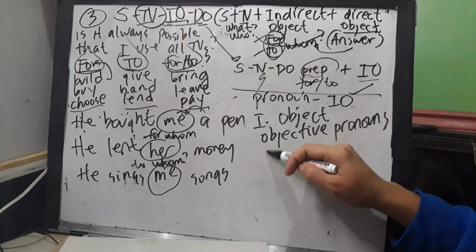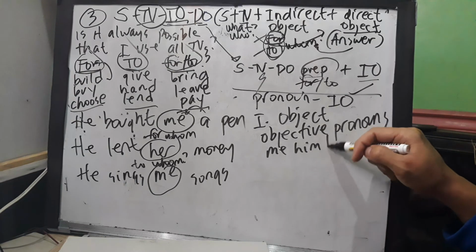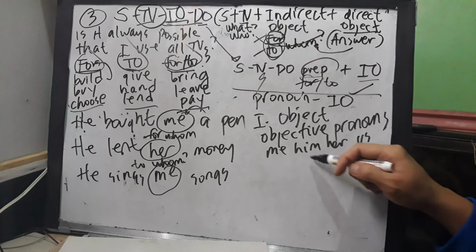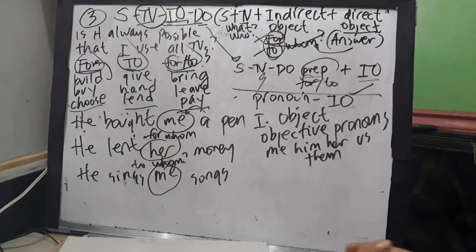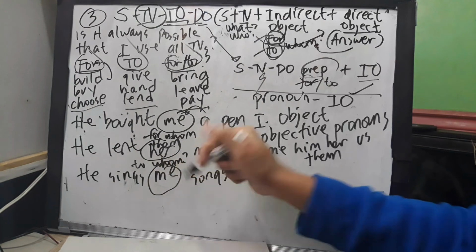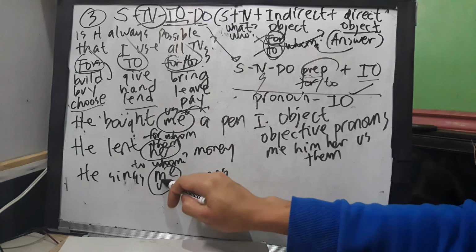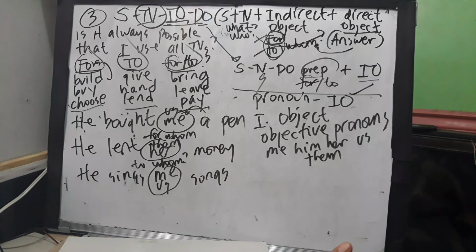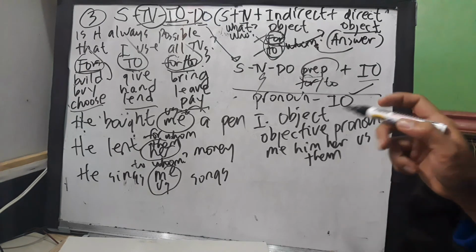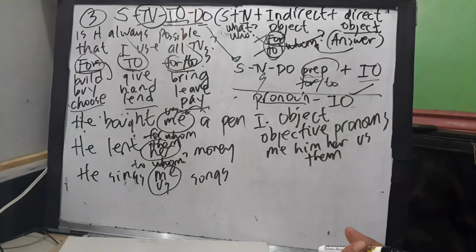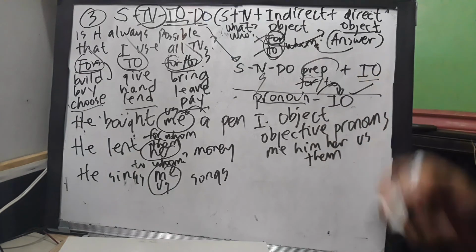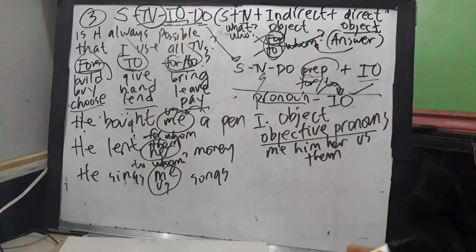So we usually use me, him, her, us, them. He lent them money. He bought us a pen. He sings us songs. So an indirect object can be a pronoun, and if we use a pronoun as an indirect object, we use the objective form.